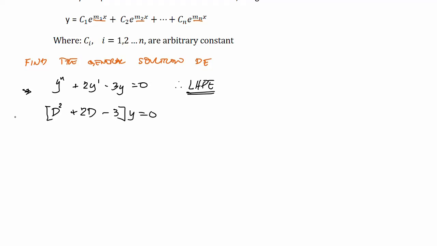is equal to 0. After we convert it into the differential operator D, we need to transform this into an auxiliary equation. The auxiliary equation is the equation in D set equal to 0, but instead of writing D, let's use the letter m: m squared plus 2m minus 3 is equal to 0.